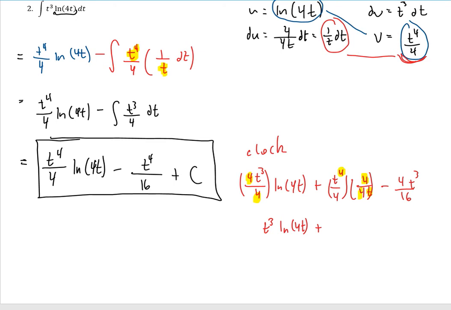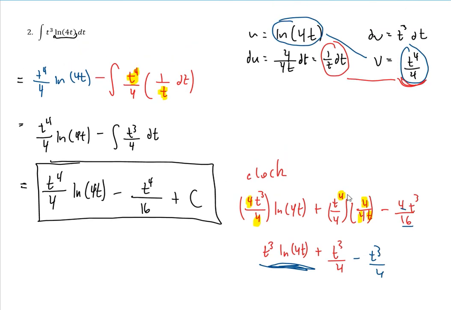Okay, so that becomes t cubed over 4, like that. Because all the 4s canceled except that 4. And then minus, well, that term right there, the 16 and the 4 would reduce to be minus t cubed over 4. And then these two would reduce to become 0, and then we're left with just this, which is what we started with in our original integral. So it worked. Okay, so that's why it's always good to check.